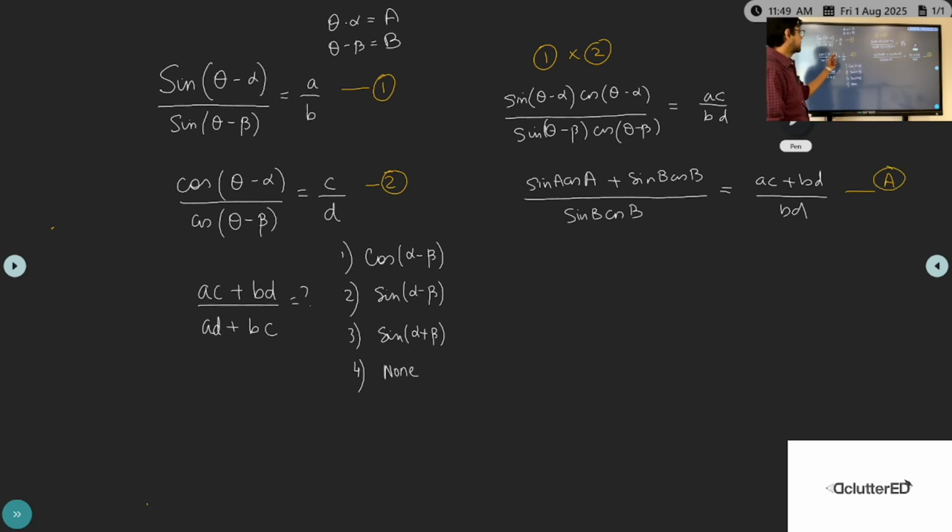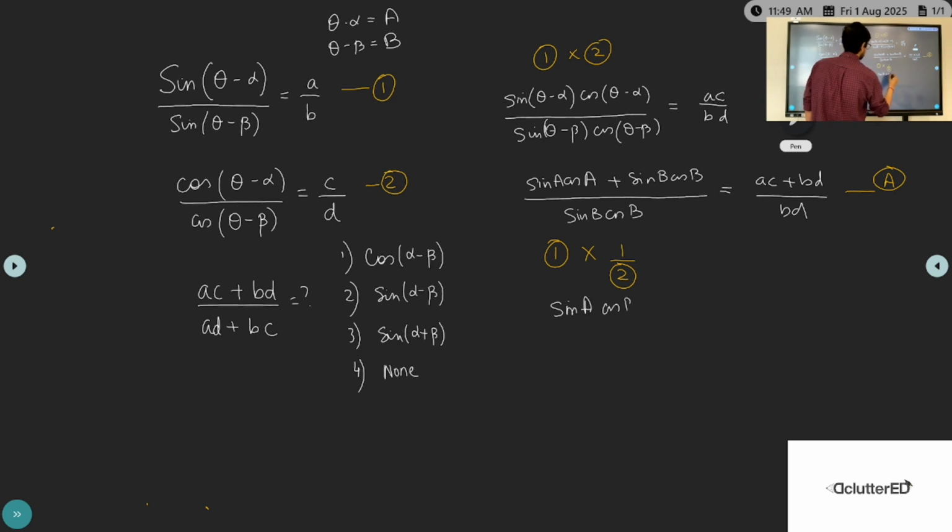Now, I need AD, right? So if I do 1 by 2, that is, if I take the reciprocal of 2 and multiply it with 1, what I get is sin A cos B by sin B cos A is equal to AD by BC.